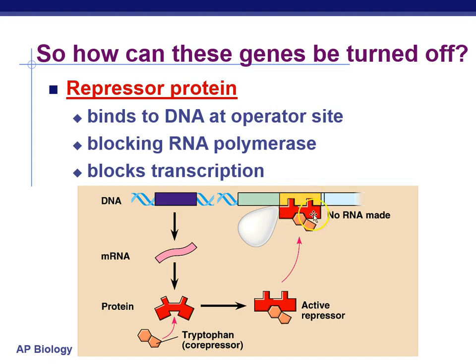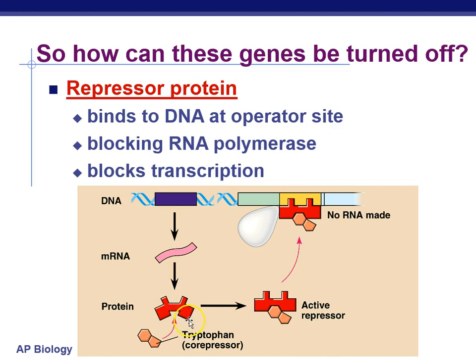And if that repressor protein is bound into the operator, then, well, here's our RNA polymerase. Our RNA polymerase cannot move along the DNA in order to make an RNA transcript. So it's basically blocking transcription if it's in place.